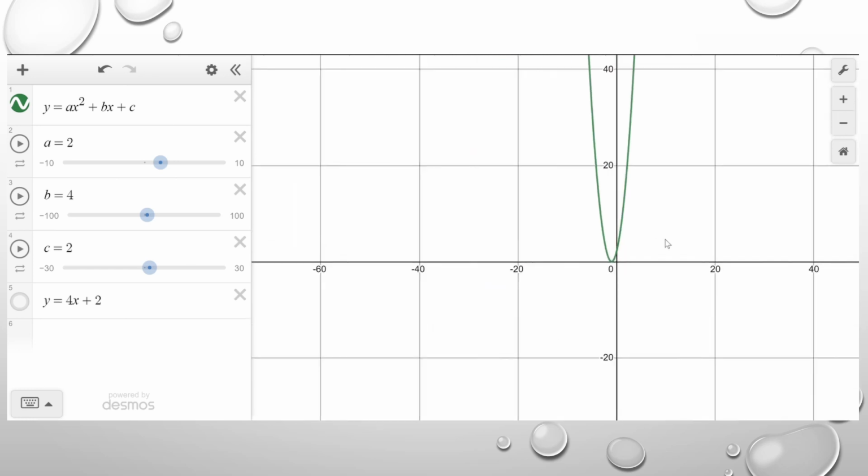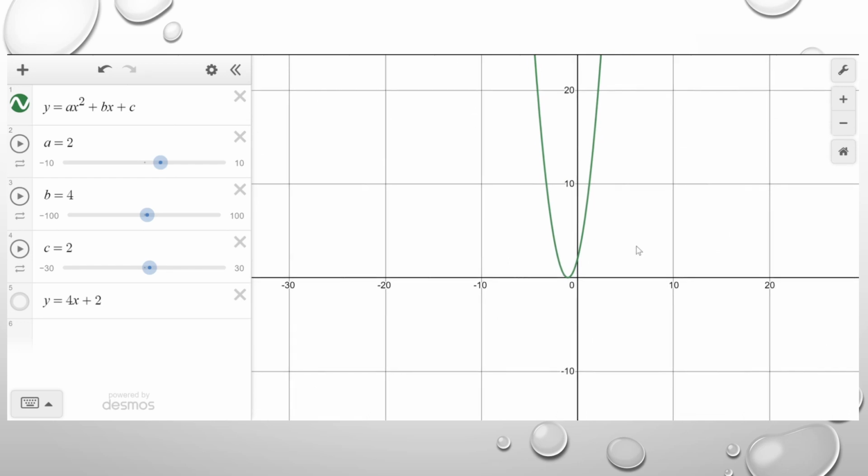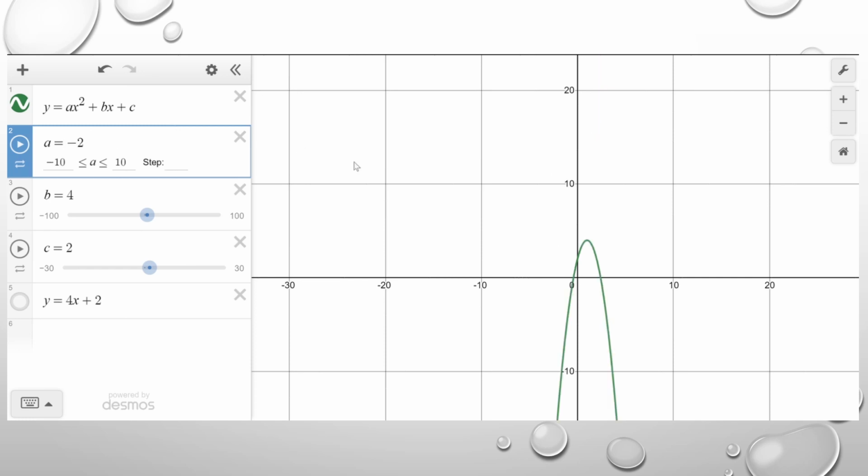And if our coefficient of x squared, a, is positive, then the curve forms a smiley face, positive for smiley, and it's a minimum function. If a is negative, it's a maximum function because it's a sad face, negative for sad face.